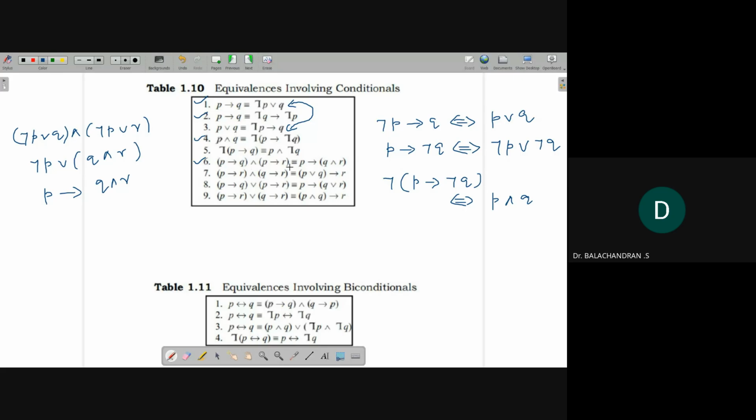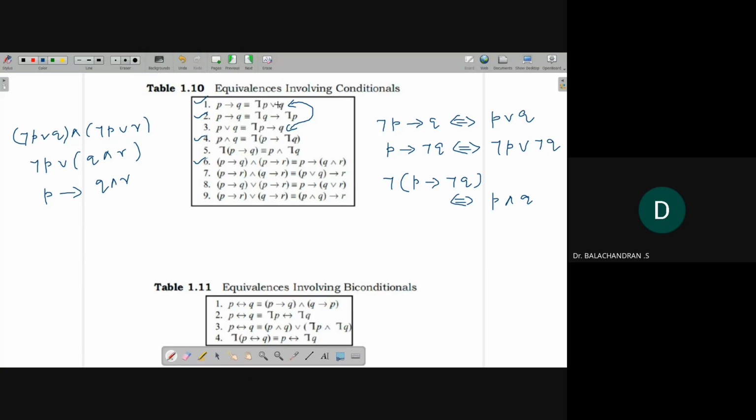For me it is slightly difficult to remember. So I'll take the left hand side. P implies Q is equivalent to negation P or Q, and P implies R is negation P or R. I will use the distributive law from here to here, and then again I use the first one. From the left, I usually go to the right.